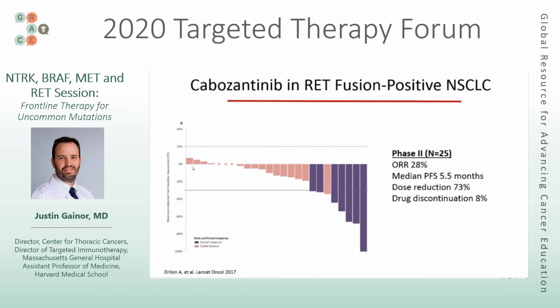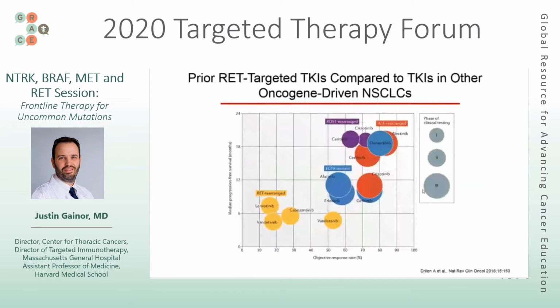If you're below 0, on the minus side, this illustrates tumor shrinkage. If above that, it illustrates tumor growth. In this first study of one of these repurposed drugs, it was a bit underwhelming. We saw only 28% of patients responding, and the responses were far too short. Not only that, the drug was pretty toxic.